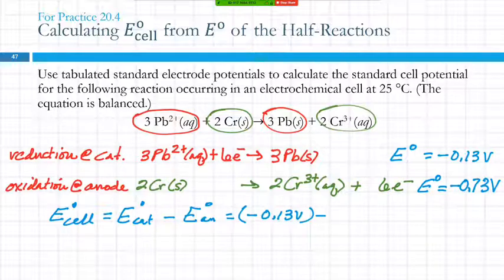And then I'm going to subtract the anode. And it's a good idea to use a calculator for this. Negative 0.13 minus negative 0.73, and I get 0.6.